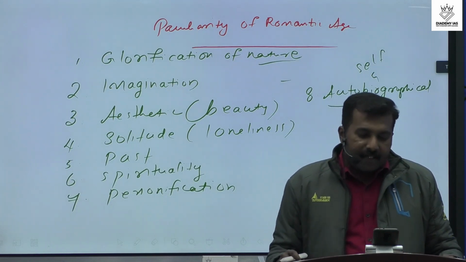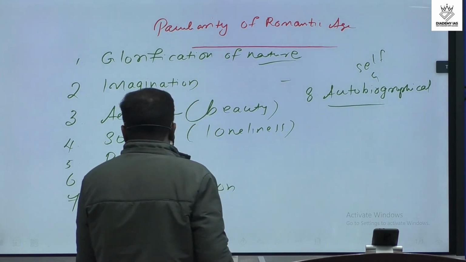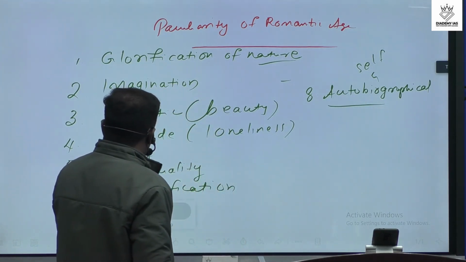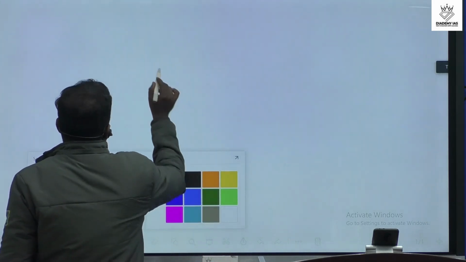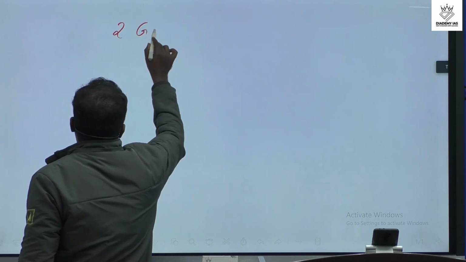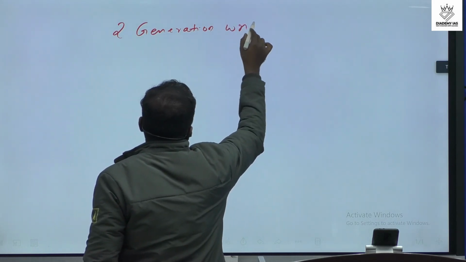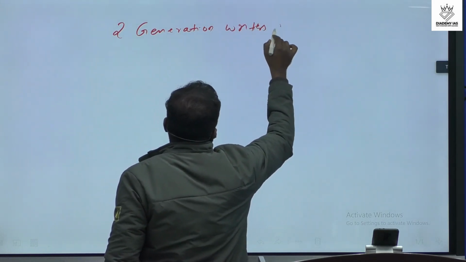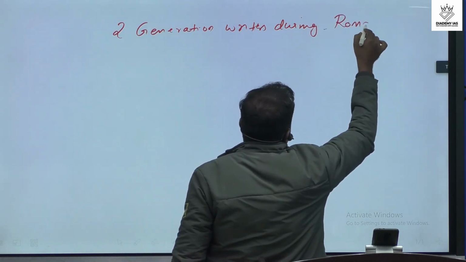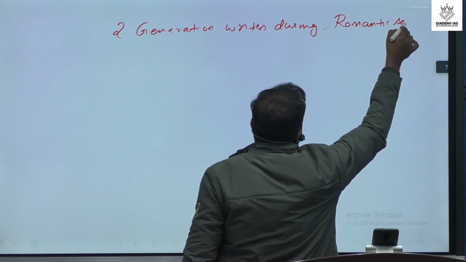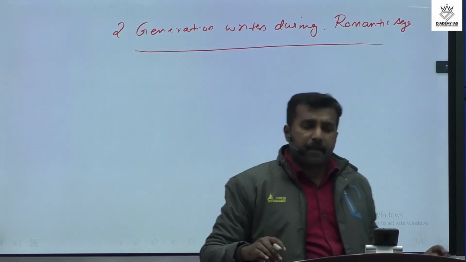Mainly we can classify them into two generations of writers during the Romantic age.